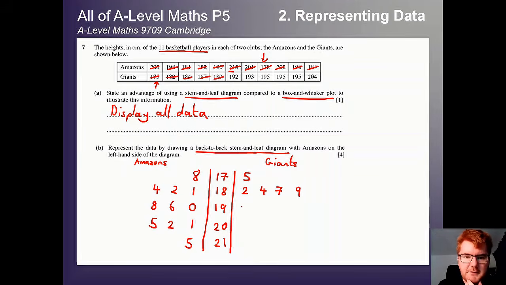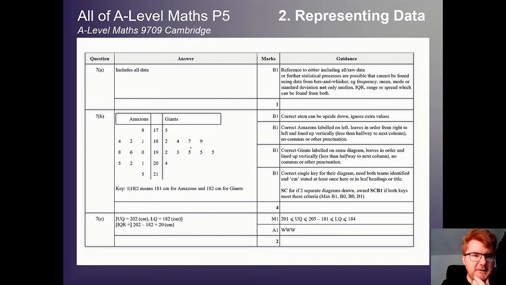Then we have 2, 3, 5, 5, 5. Cross those off, and then we have 204. Okay, we check the numbers here. So we have 4, 5, 10, 11. Yep, I've got 11 values there. Notice how it's structured, working from the small on the inside, then working outwards.